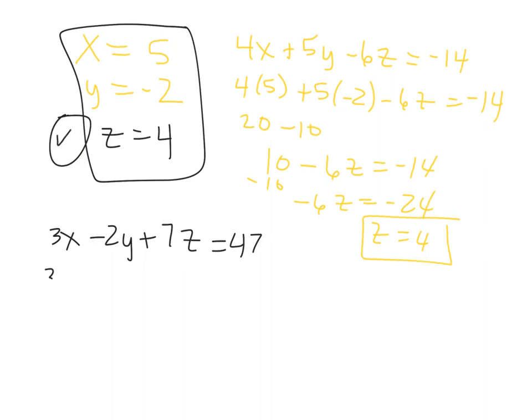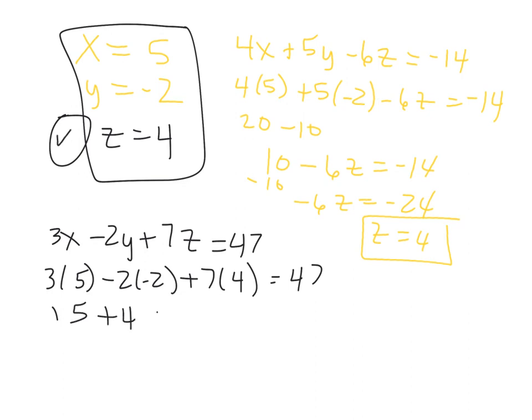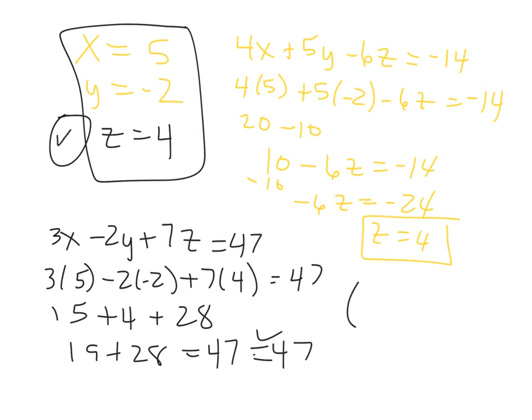So let's check it out. 3 times 5 minus 2 times -2 plus 7 times 4, does that equal 47? 15 plus 4 plus 28, so that would be 19 plus 28 does equal 47, and 47 does equal 47. So my ordered triple is 5, -2, 4.